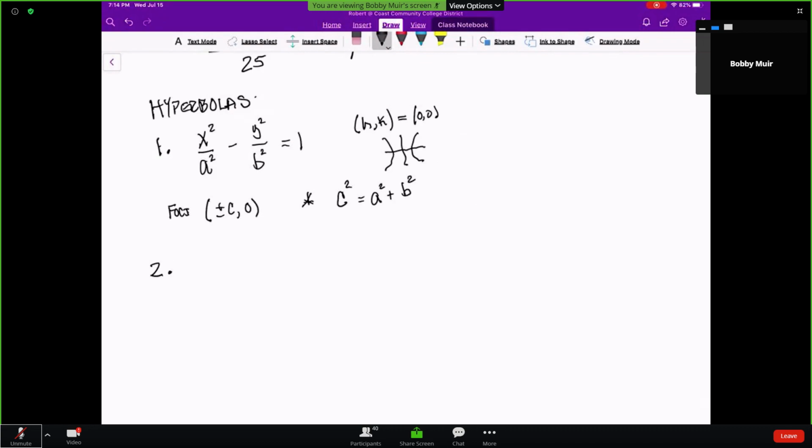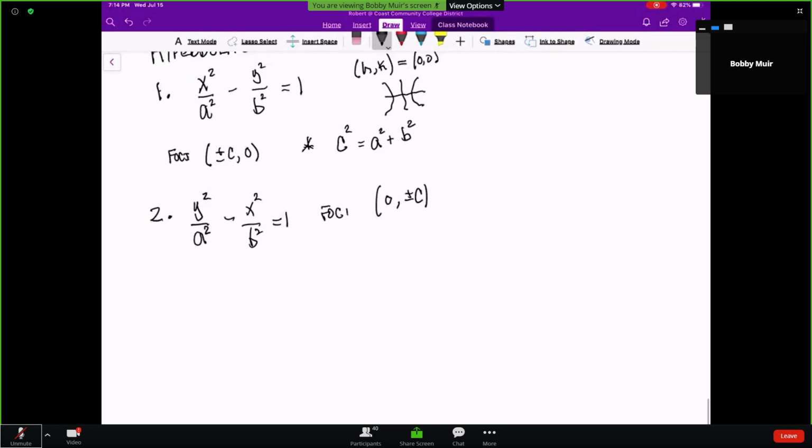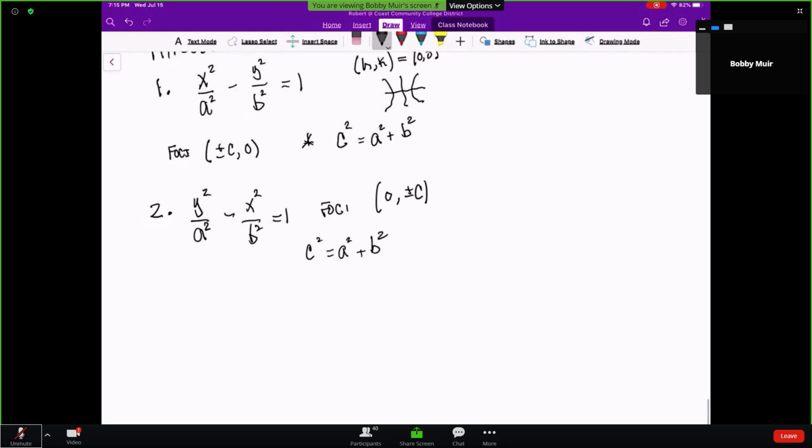Now the second one, if you've got y squared over a squared minus x squared over b squared equals 1, then the foci, in this case, are going to be on the y-axis. And again, we have this equation, c squared equals a squared plus b squared.